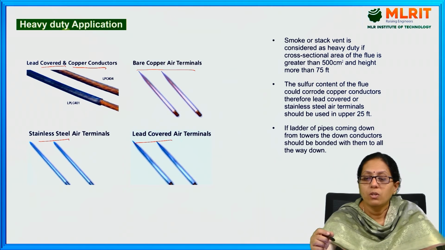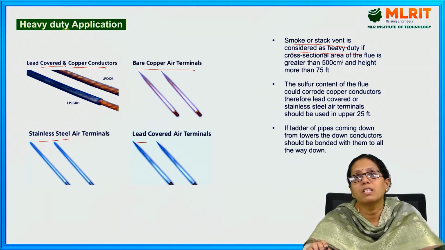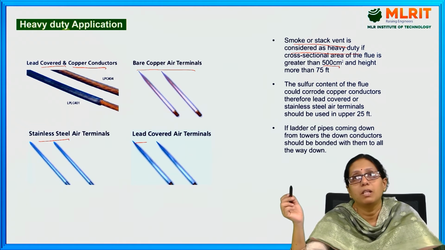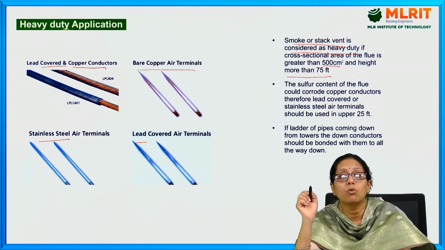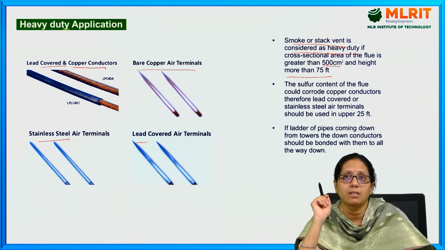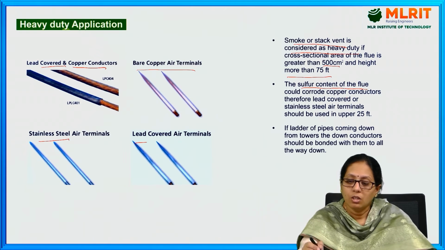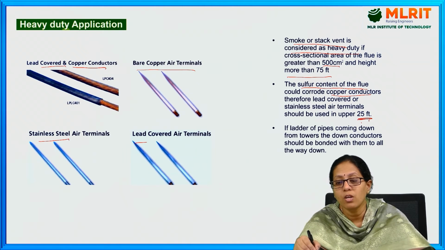And here you can see the smoke and stack vent is considered heavy duty if the cross-sectional area of the flue is greater than 500 centimeters square and the height is more than 75 feet. Height more than 75 feet applies mostly to different types of transmission lines. If the sulfur content of the flue is there, we use lead covered copper conductors for 25 feet.